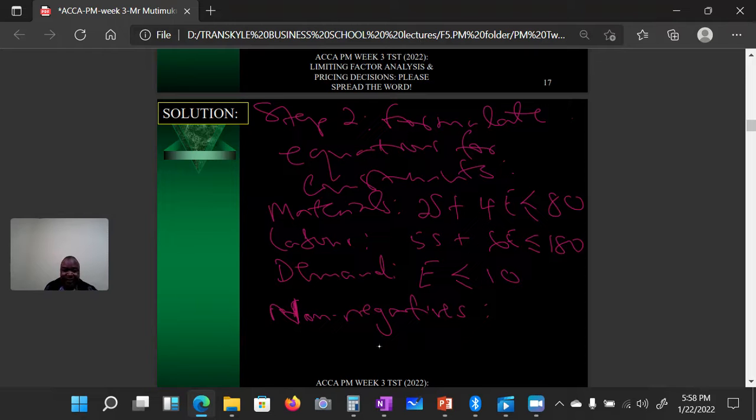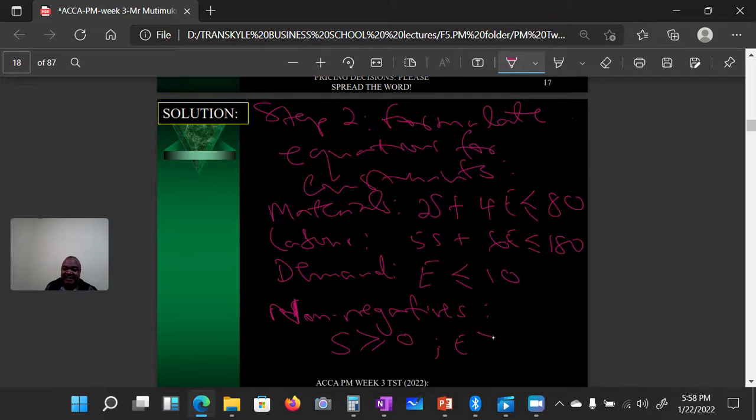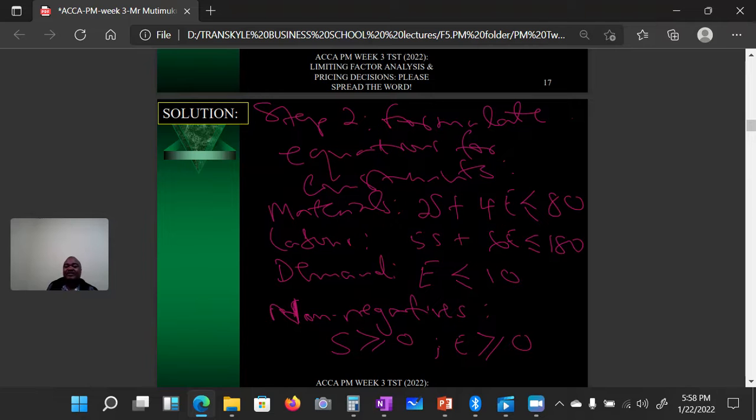Like we produce -2 chairs, -1 chair, -10 chairs. It doesn't work like that. So S is greater than or equal to 0, and E is greater than or equal to 0.